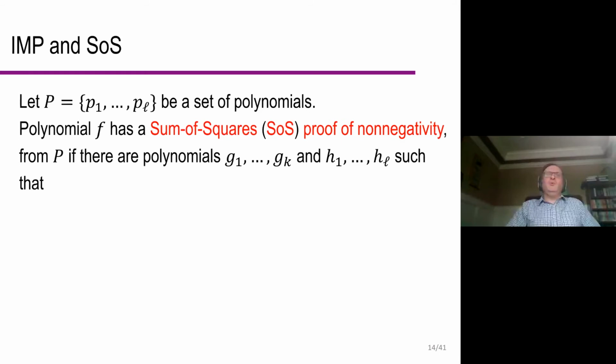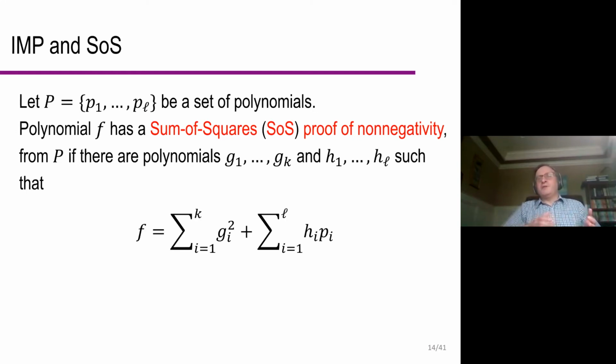Then I will say that a polynomial f has a sum of squares proof of non-negativity from this set of polynomials if I can find two collections of polynomials G1, ..., Gk and H1, ..., HL, such that f can be represented as a sum of squares of the g's, plus a linear combination of the p_i's with coefficients h_i.